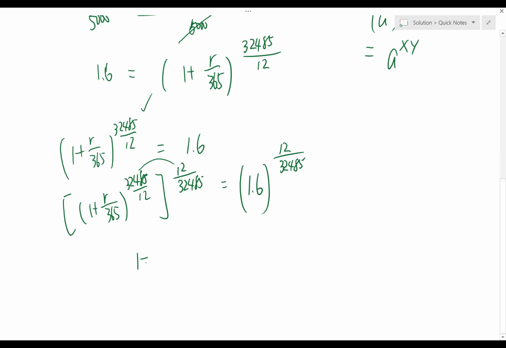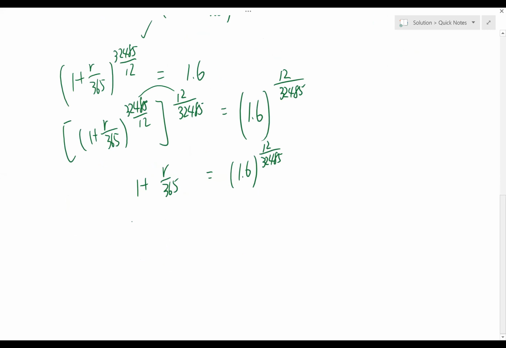So we end up with 1 plus r over 365 on the left, and then 1.6 raised to 12 over 32,485. The next step is to get r over 365 by itself: subtract 1 from both sides of the equation.